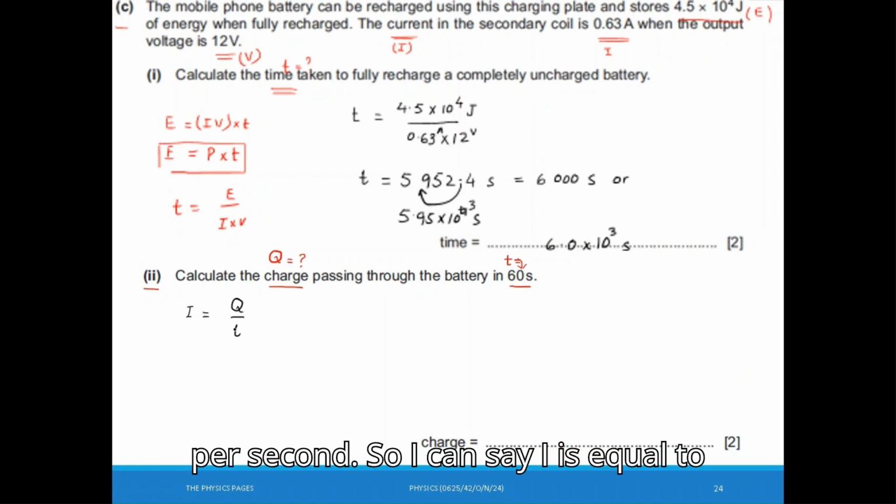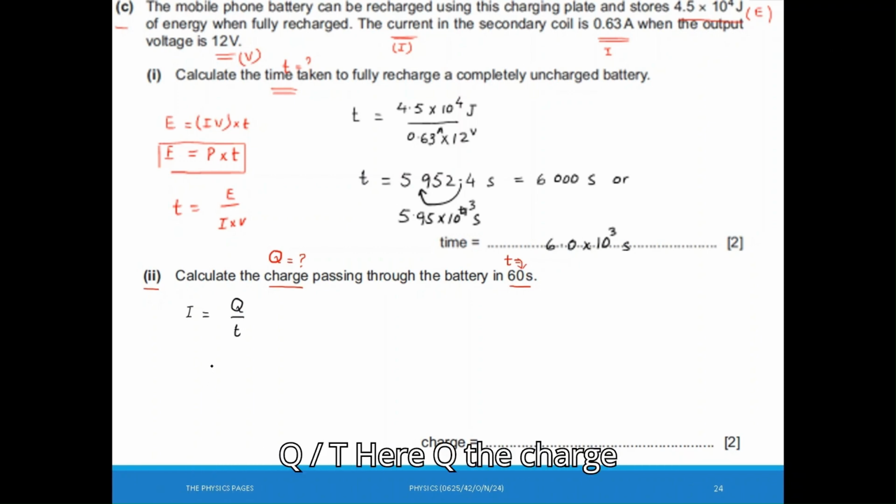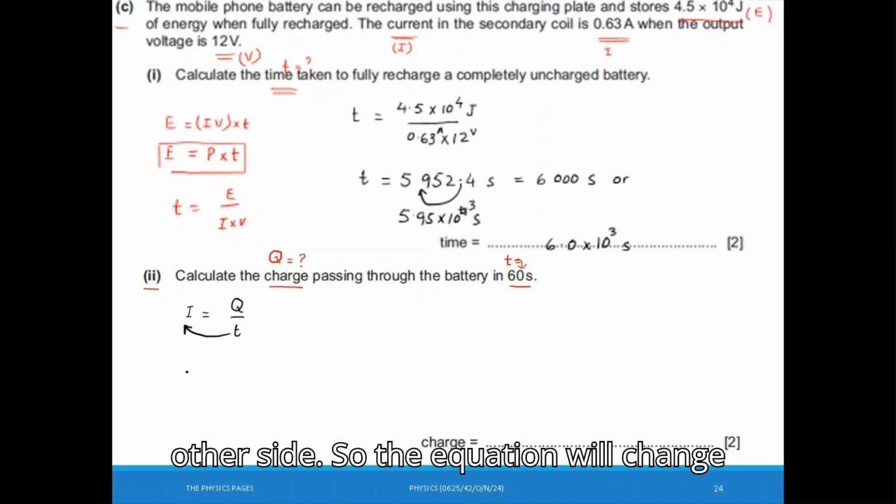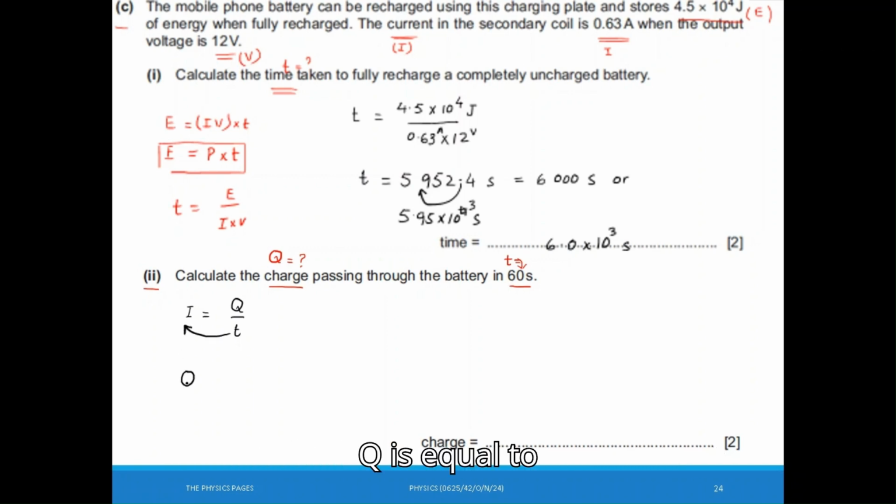So I is equal to Q over T. Here Q, the charge, is unknown, so T, which is the denominator, will move to the other side. So the equation will change: Q is equal to current I times time T.